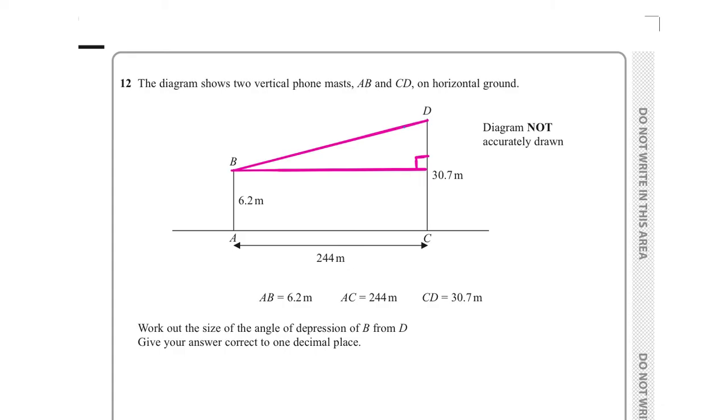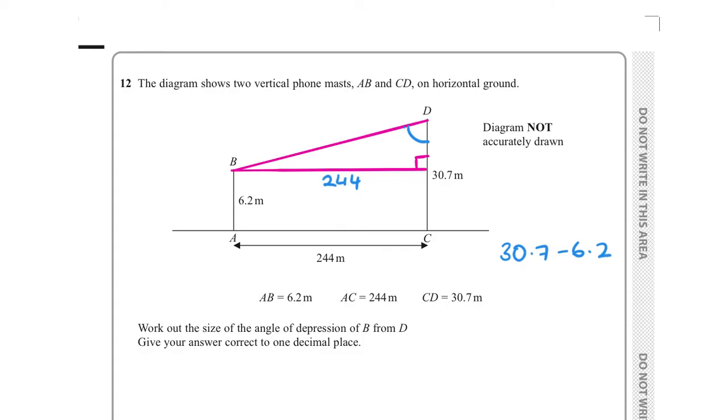Okay. So first things first. This is 244. What's our height? 30.7 minus 6.2.